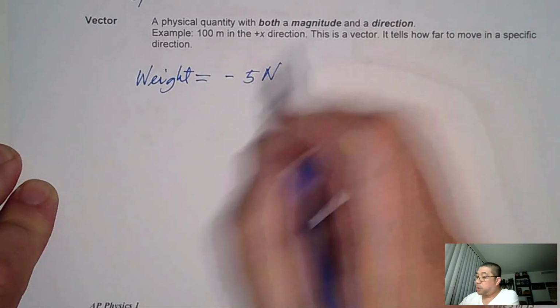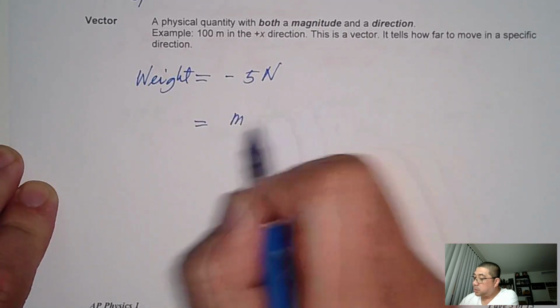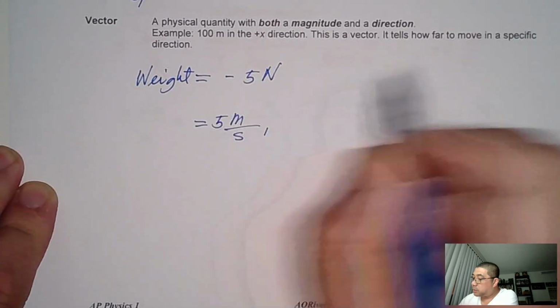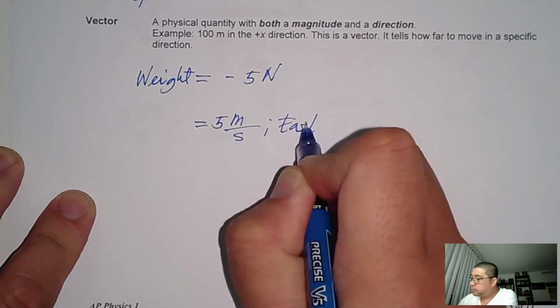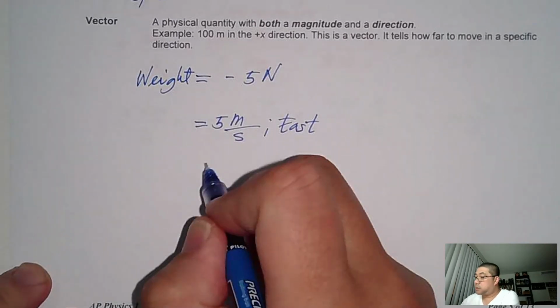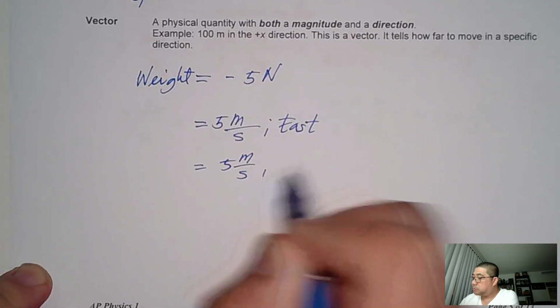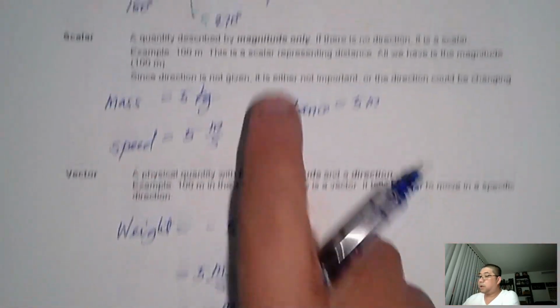Second, what if I say 5 meters per second east? That is equivalent to 5 meters per second at a direction. Let's use the direction right here in the table.